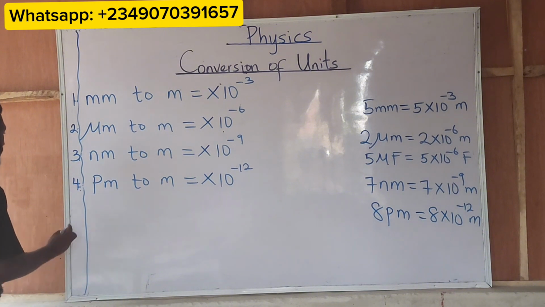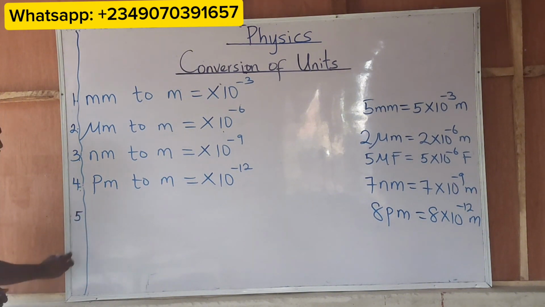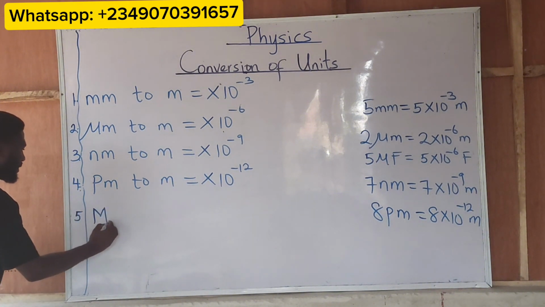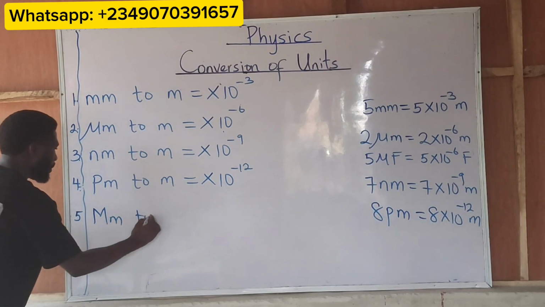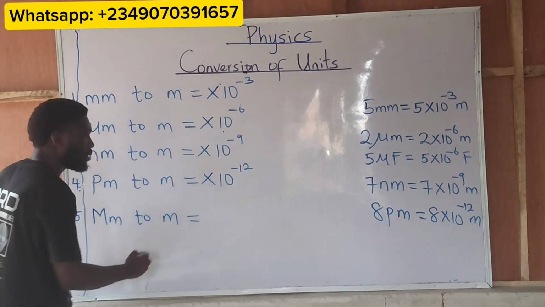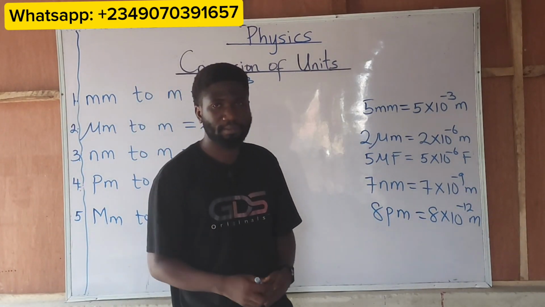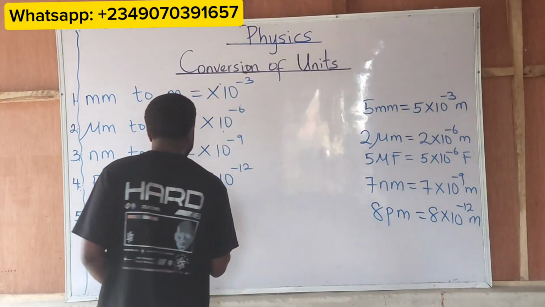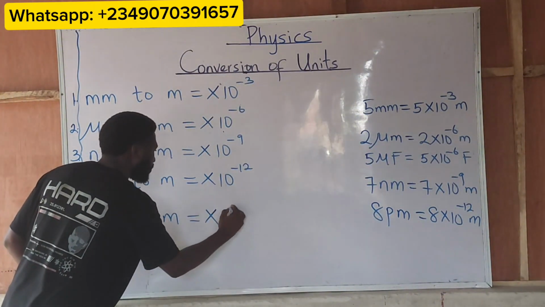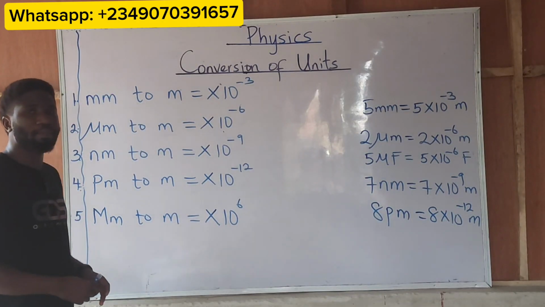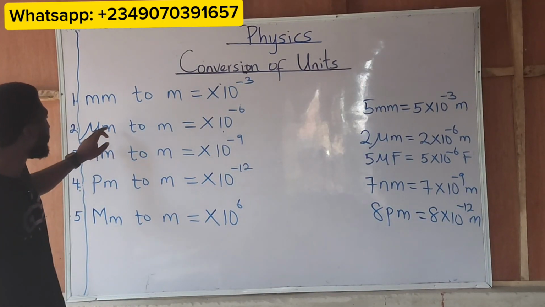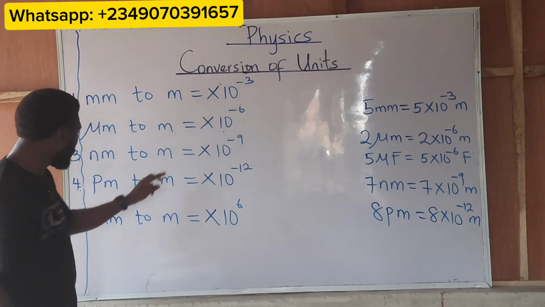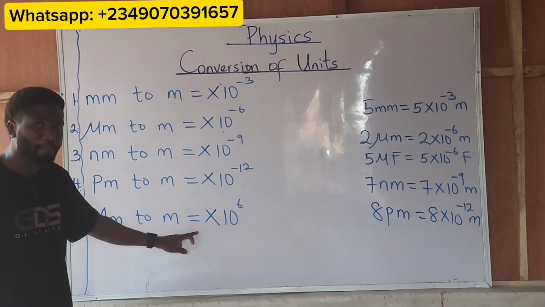Then the next one now is whenever we have mega, let's say I have megameter. Megameter to meter will be multiplied by 10 raised to power 6. Please, there is a difference between micrometer to meter and megameter to meter.